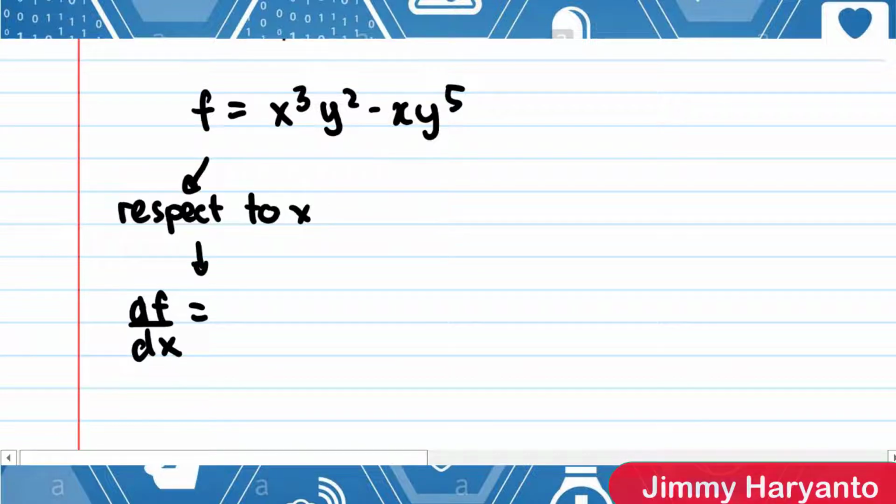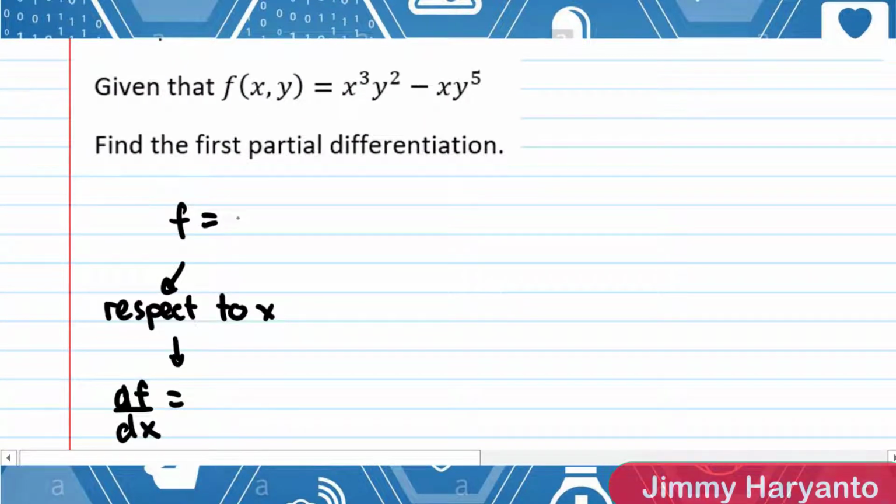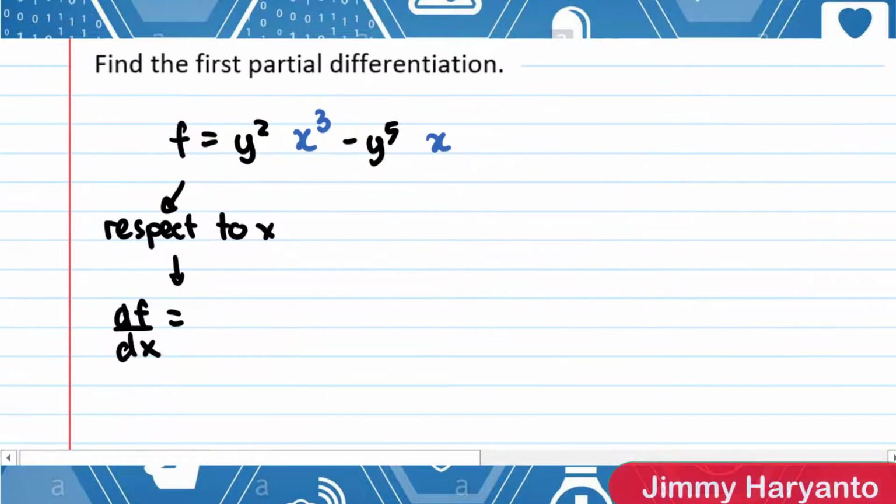When we differentiate the f with respect to x, that means kamu harus lihatnya kayak gini, guys. Jadi ini tuh kita tulis ulang, ya. X-nya di belakang. y square x cube minus y^5 x. So this one is important, ya, the order of the variables, biar kalian lebih ngerti. Nah, jadi kita lihatnya tuh x-nya bukan y-nya, ya.